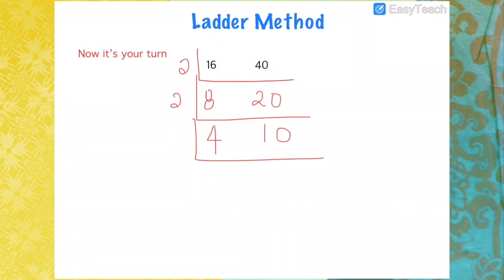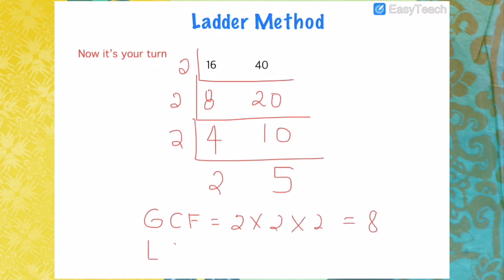Continue to divide it by 2. 4 divided by 2 is 2. 10 divided by 2 is 5. Since 2 and 5 are prime numbers, then we stop at 2 and 5. Therefore, the GCF would be 2 times 2 times 2, which is 8, and the LCM would be 8 times 2 times 5, which is 80.